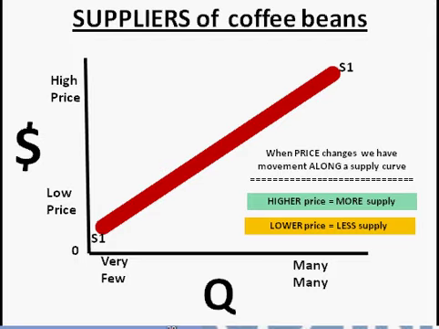By the same token, because their costs are relatively sticky, if the price that they can get for their product goes down, then they're not going to want to supply nearly as many, and they will supply fewer and fewer. And remember, one of the main assumptions of free market supply and demand as we're discussing it here is that there are many, many buyers, none of which are so big and buy so many that they can control the price.